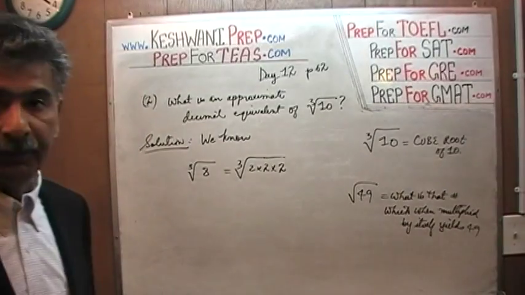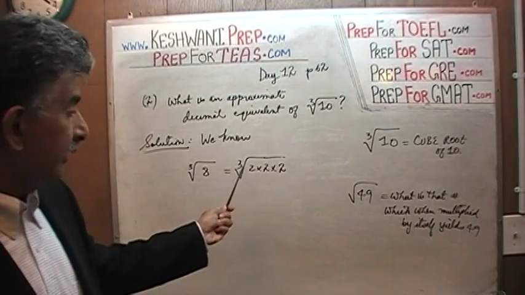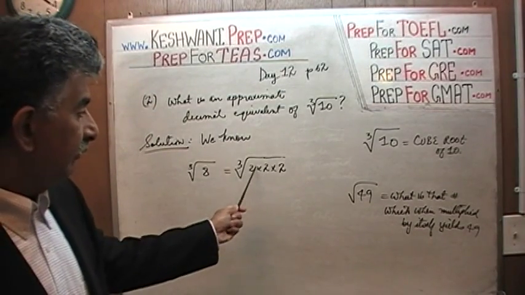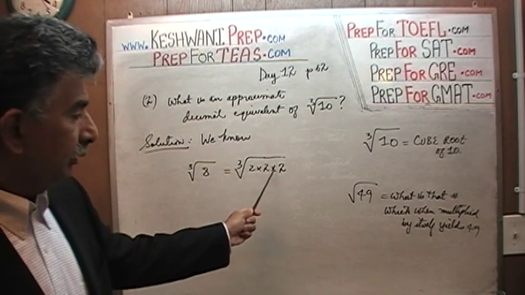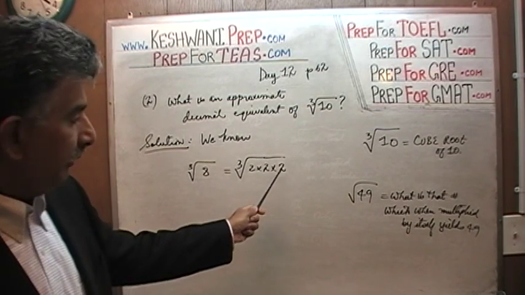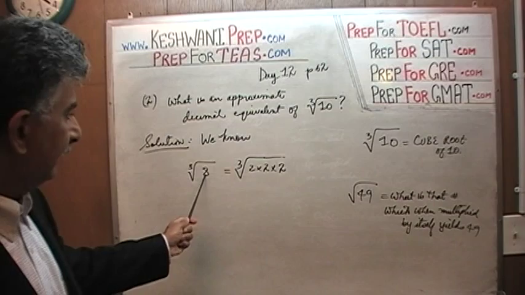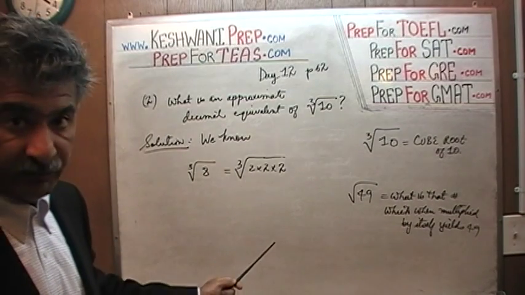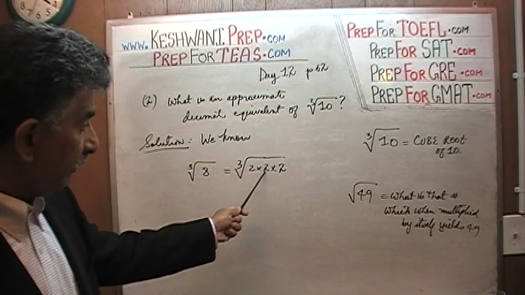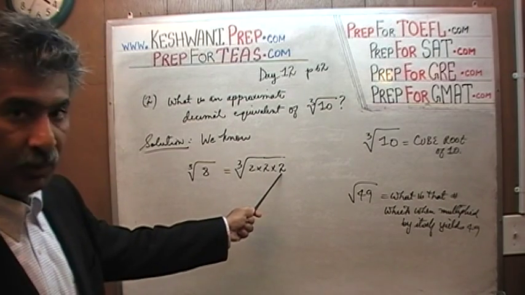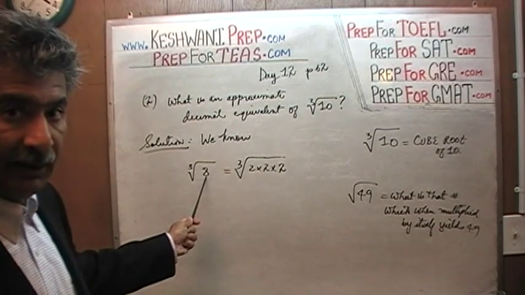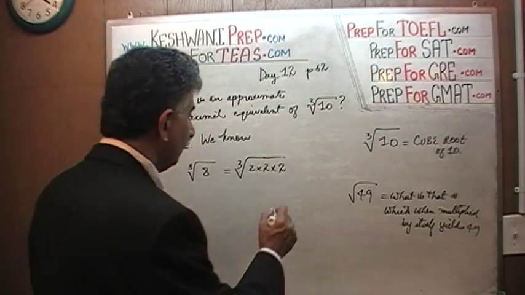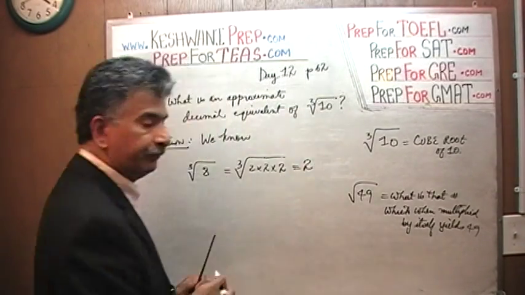The answer of course is 7, except in the cube root we're not multiplying by itself just one time, but 2 times. We multiply it and then we get the result and we multiply one more time. So as you can see, 8 is same as 2 times 2 times 2, and now we have our answer. What is that number? That number is 2, because 2 multiplied by itself and then the result being multiplied by 2 again will yield 8, and therefore the cube root of 8 is 2.